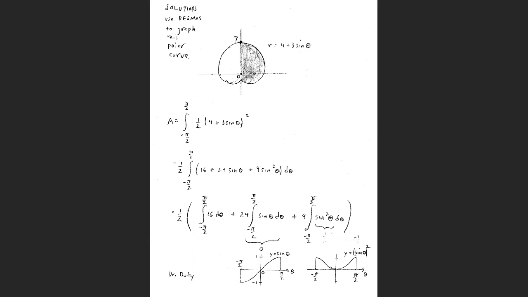So what I did was I used Desmos to graph this polar curve. And there's a formula in section H.2 that tells how to get the area of a polar region.